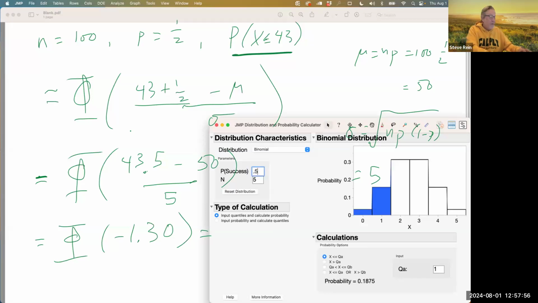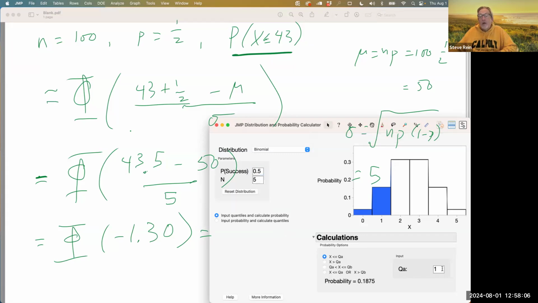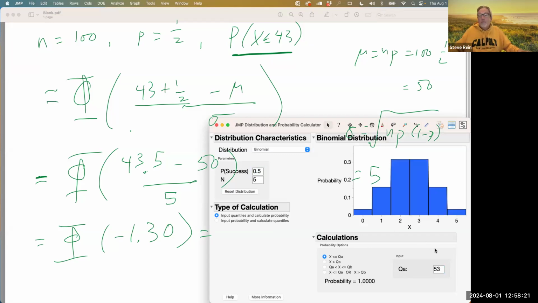Again, I did suggest earlier, if you said binomial, and you had p as 0.5 and 100 as the number of trials, we could reset the distribution there and calculate the area for 43. Hold on a second, that's very wrong.